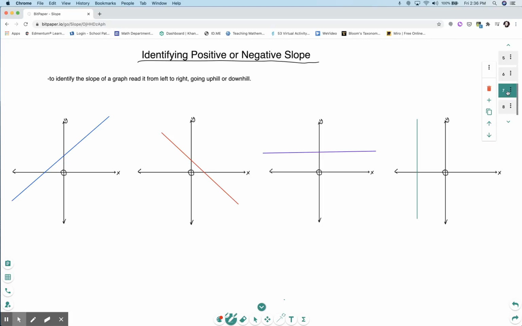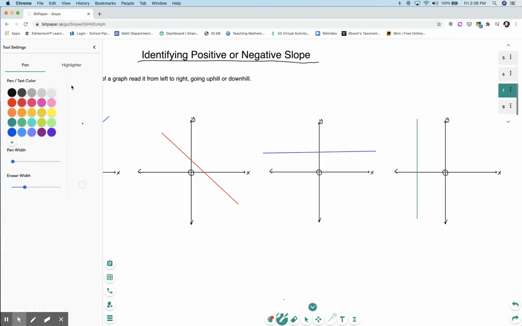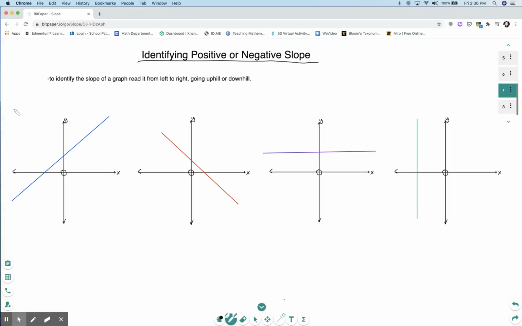All right, so here we're going to identify your graphs, if they're positive, negative, zero, or undefined. So pause the video, draw these little coordinate planes and these basic graphs. So first one, let's call this one number 1, and I'm going to get a black pen here. So number 1, first thing I'm going to do, draw my arrow going from left to right.